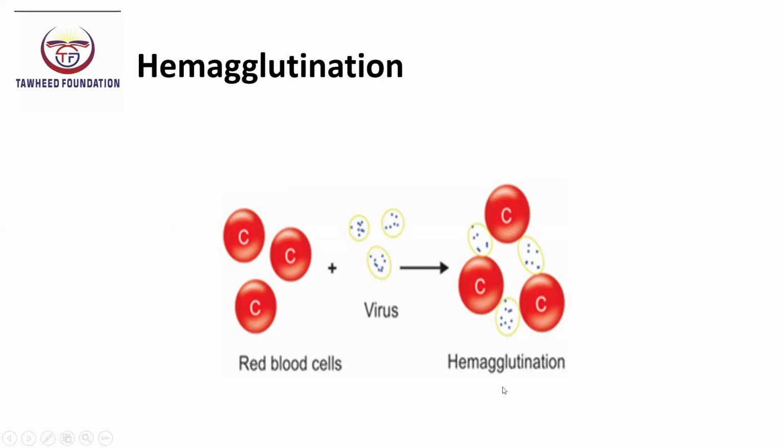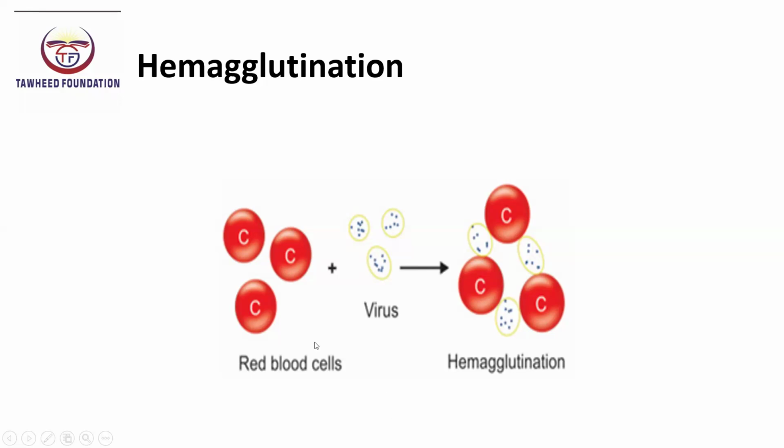When enough virus particles are present, they cross-link RBCs, forming a lattice that prevents the RBCs from settling at the bottom of the well. So in the structure of this diagram, a microtiter plate is arranged, each well containing a mixture of red blood cells and virus at different dilutions, then serial dilution of virus, and then red blood cell settling patterns.